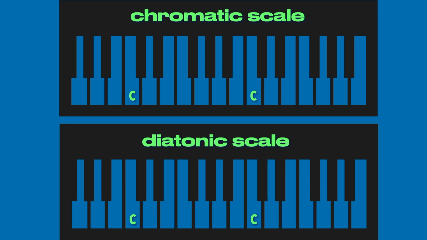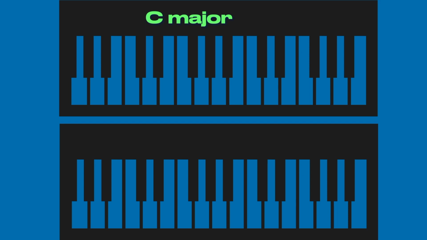In the chromatic scale, 12 notes are included, all of the black and white keys on a piano. But in the diatonic scale, only 7 notes are chosen to be included. In the key of C, those are all the white keys.